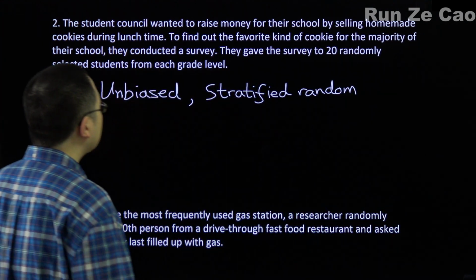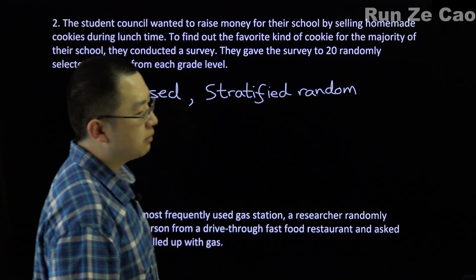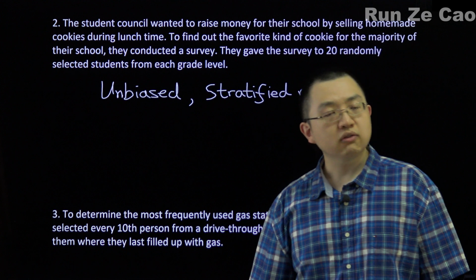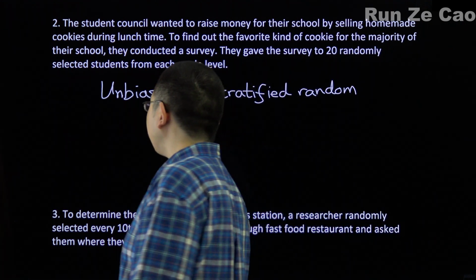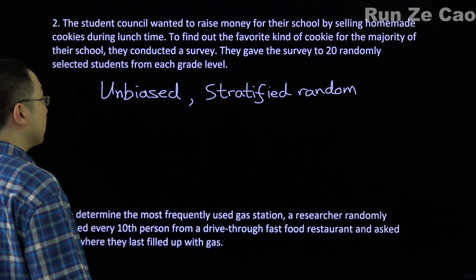But what if you had, say, 600 grade 9s, 600 grade 10s, but only 500 grade 11s and 500 grade 12s? Then 20 randomly selected students from each grade level would be biased if you weighed them all equally.